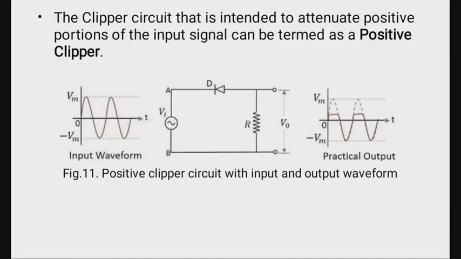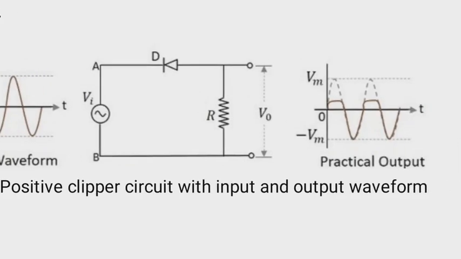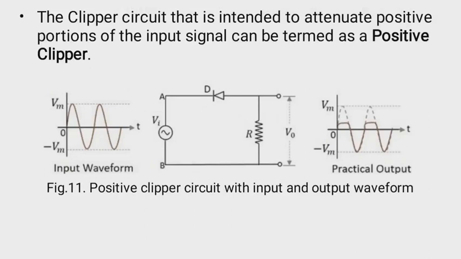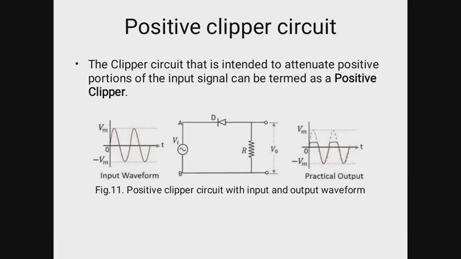But in the negative half cycle, the diode is in short circuit condition, so current passes through the diode and we get an output of minus Vm across the negative peak. That is why this configuration is called a positive clipper circuit.